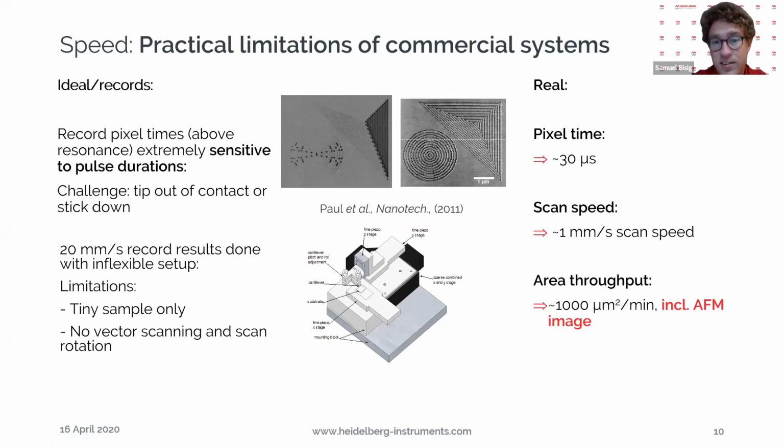Either the tip sits too long at a certain point and removes too much material, or it doesn't pattern deep enough. So what is then not the ideal solution, but more a practical case, is that we operate at 30 microseconds pixel times, which corresponds to scan speeds of 1 millimeter per second, roughly 1000 micrometer squared per minute of areal throughput.